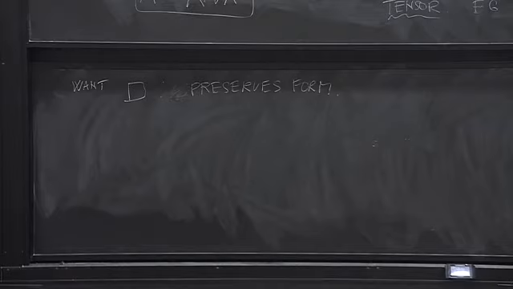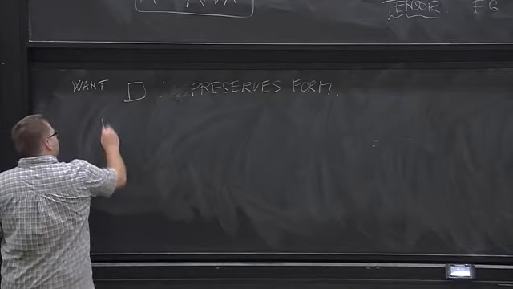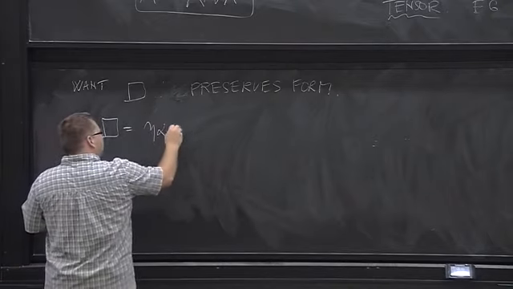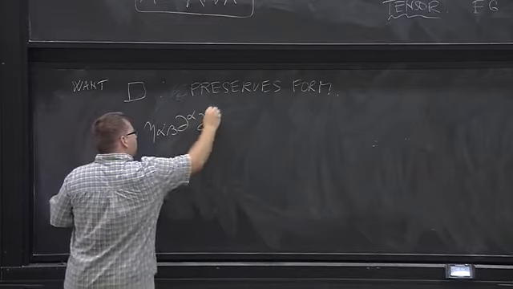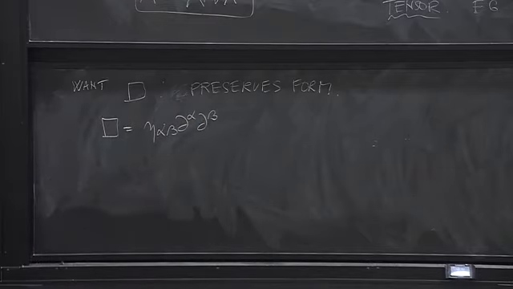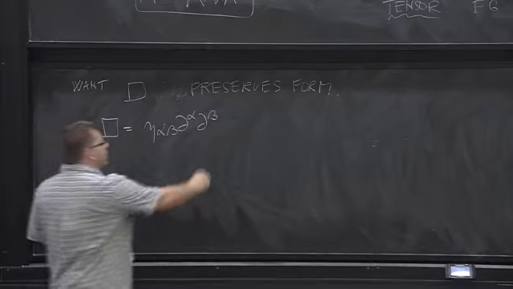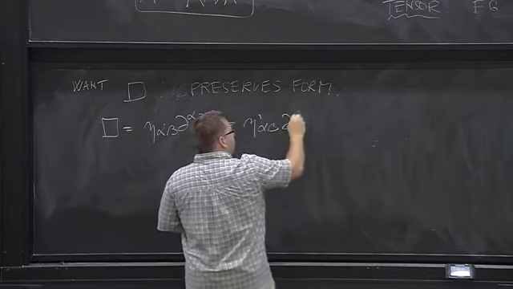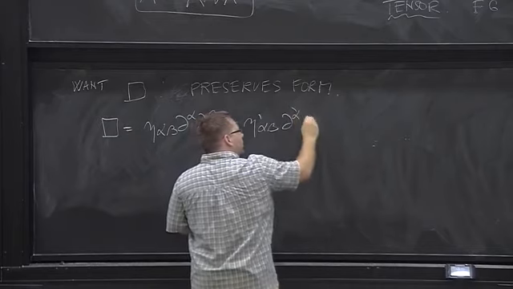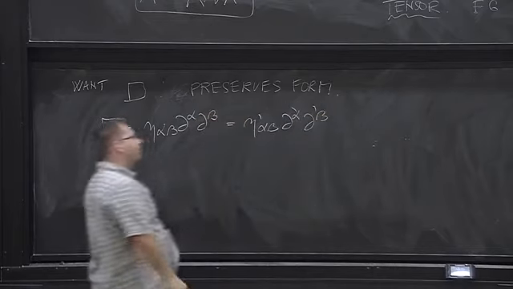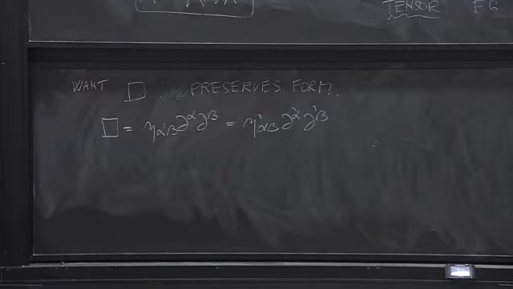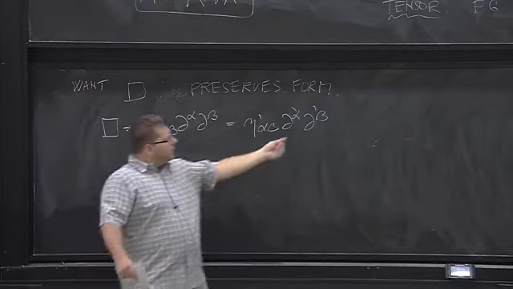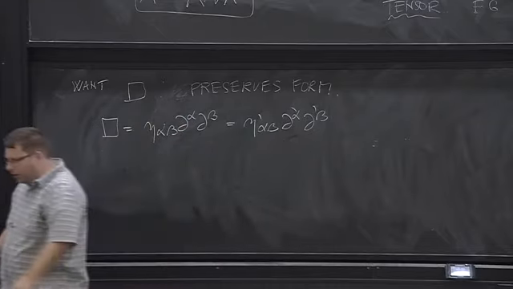In the non-prime coordinates, I have the box equal to eta alpha beta, for example, d alpha d beta. Now, in the prime coordinates, it should be eta alpha beta, d alpha prime, d beta prime. This is the derivative in the old coordinates, and this is the derivative in the new coordinates.